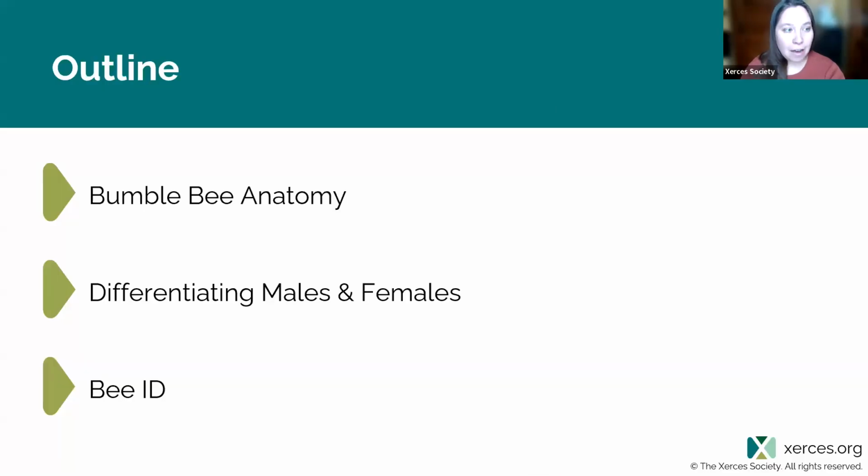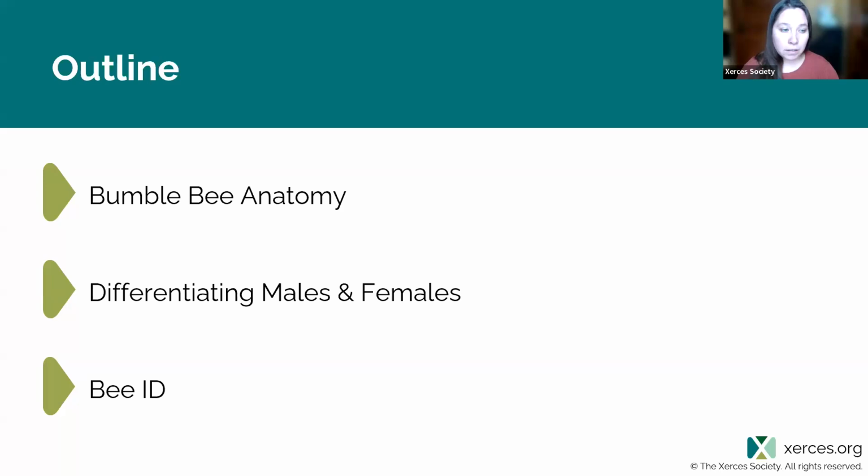All right, so just a quick outline of topics that we're going to be covering today. I want to give you a brief overview of bumblebee anatomy before we get into the ID component, just to get you familiar with some terminology and the different parts of the bumblebees.